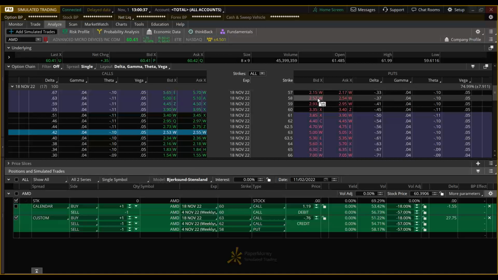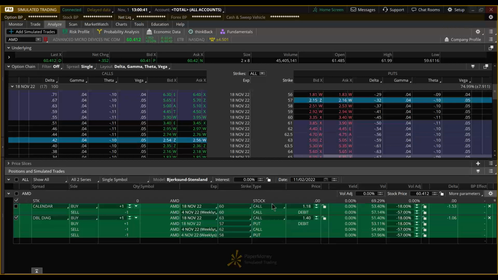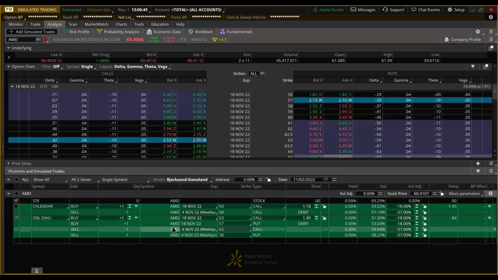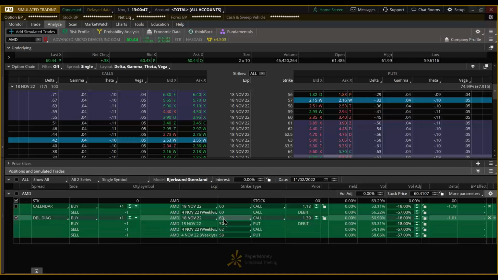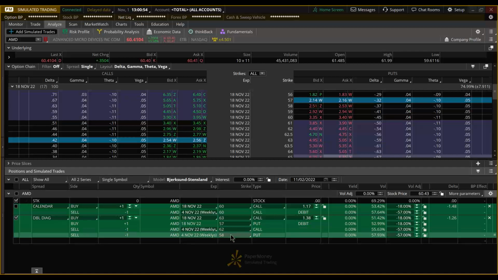I'm going to go out a little further out of the money. I'm going to buy the 57. So here's what I've done. I've created a double diagonal. I'm buying further out of the money contracts, and I'm selling closer in the money contracts only by $1.